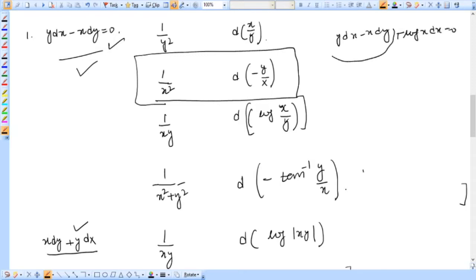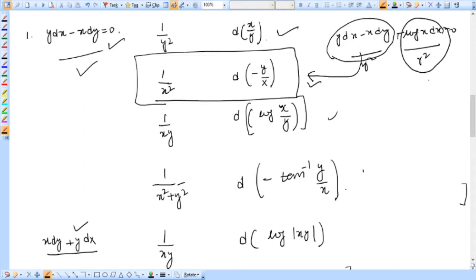This term is suggesting that we will have to take this integrating factor, because it would otherwise be very difficult to integrate the last term. For example, if we take y square as the integrating factor, we won't be able to integrate this term.